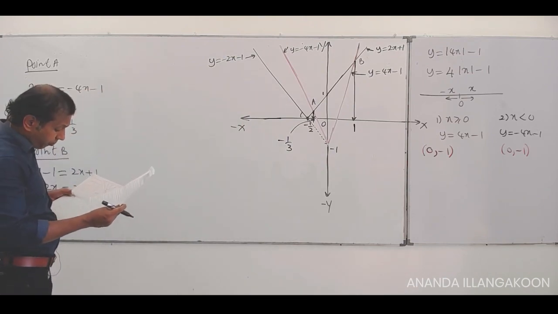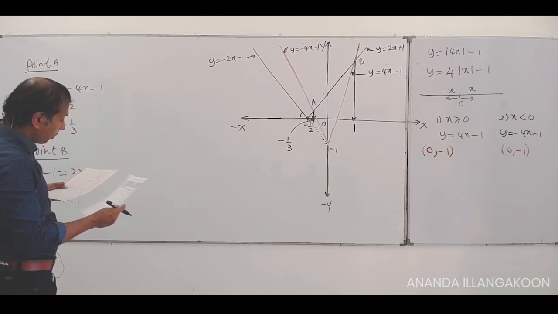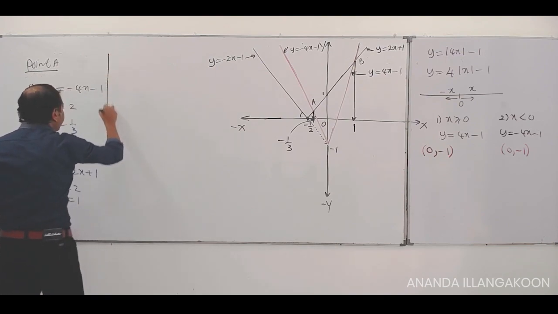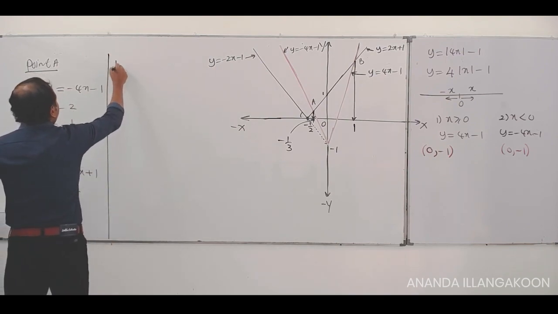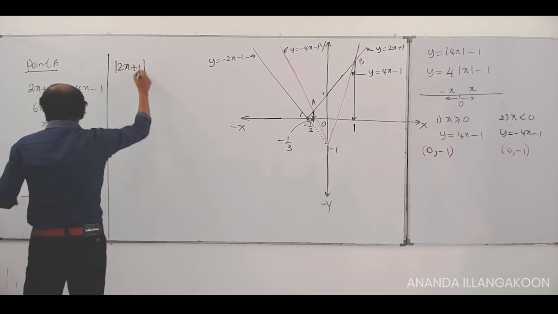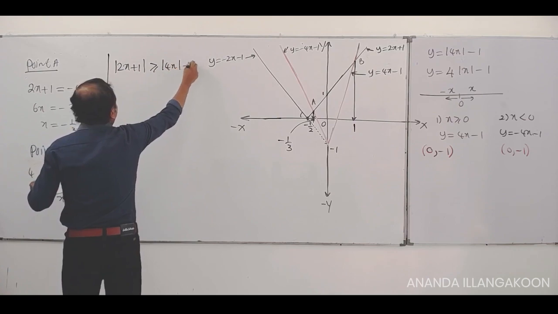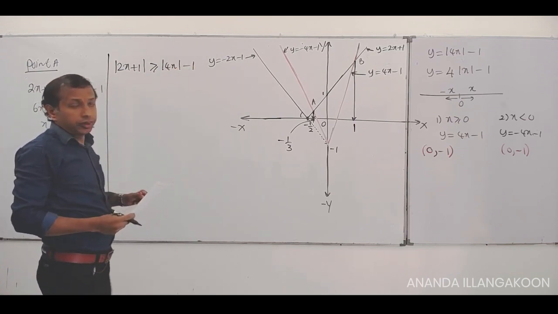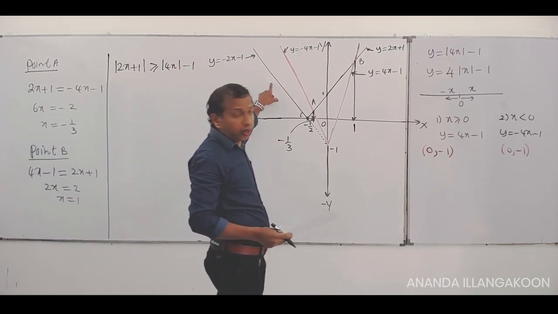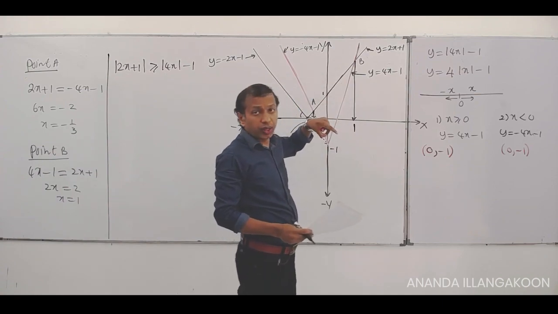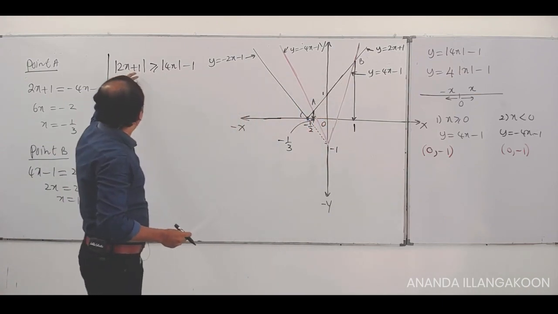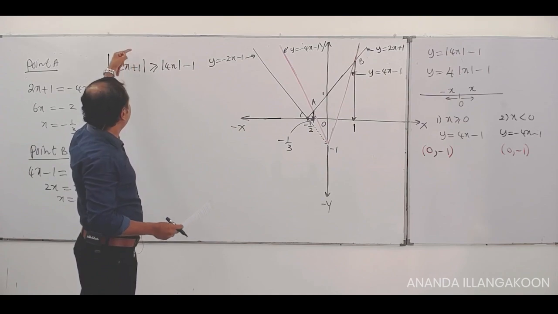Now what is it asking? The first question asks for the range of x for which mod 2x plus 1 is greater than or equal to mod 4x minus 1. Here the mod 2x plus 1 graph is this black one. Black one is greater than, this means the black one is above the red one.